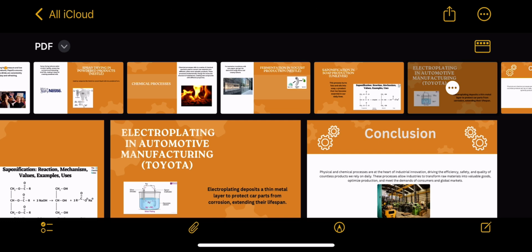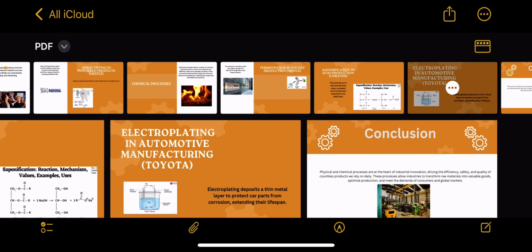As I mentioned before, thanks to the physical and chemical changes, we can achieve high quality products, improve our process, and even make life easier.